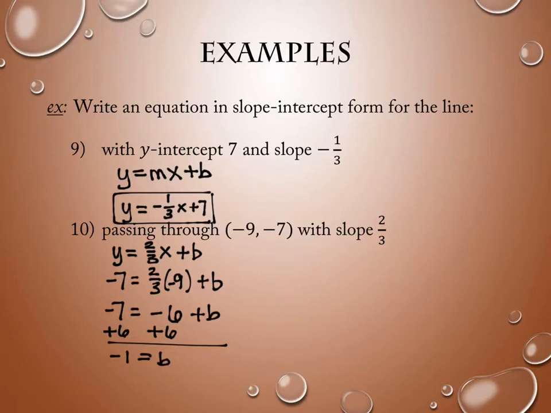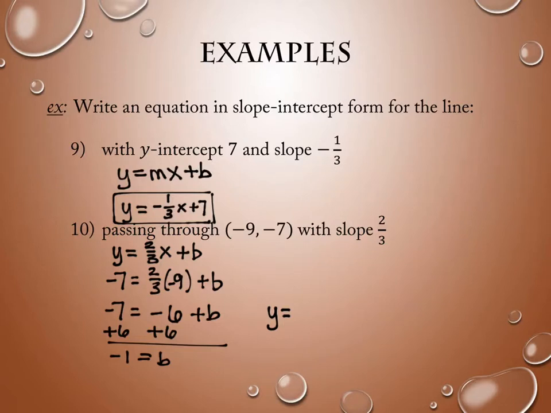Am I done? No. Why am I not done? Yes, I found the piece of information I needed, but I haven't actually answered the question asked. We need to make sure we're answering what was asked. We're asked to find the equation of a line, and now I can do that.